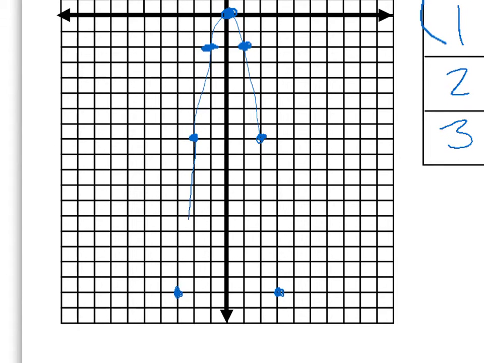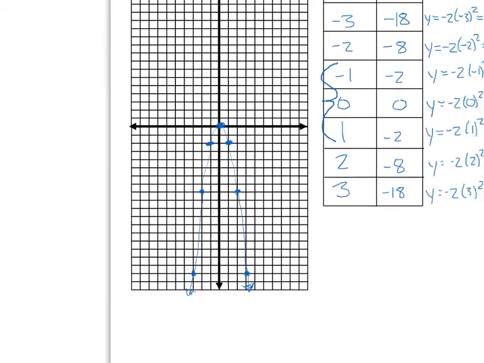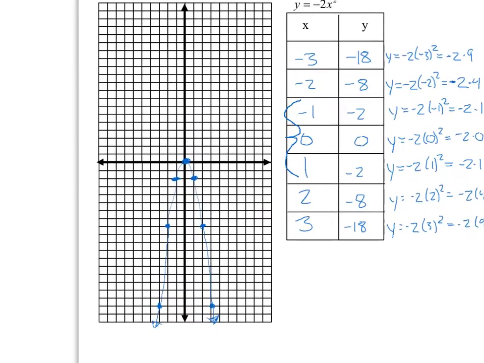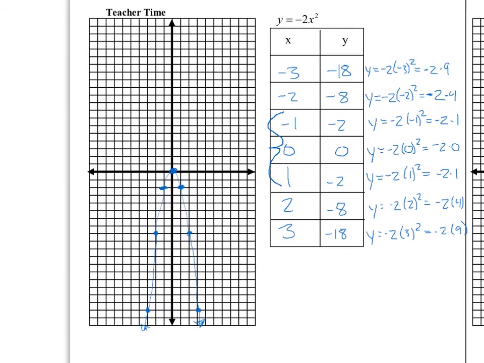Right, so this is not a straight line, so we definitely do not want to use a straight edge. It's a curved line of sorts. All right, so that's our second graph of a nonlinear equation. This was y equals negative 2x squared.